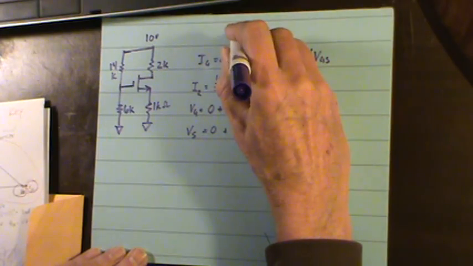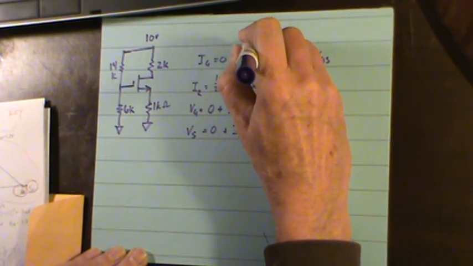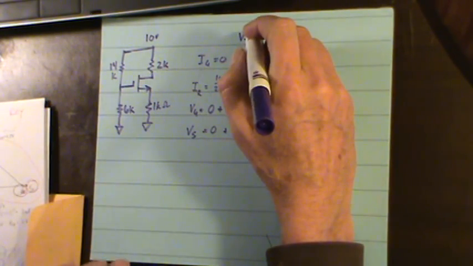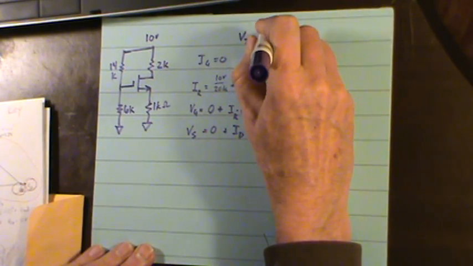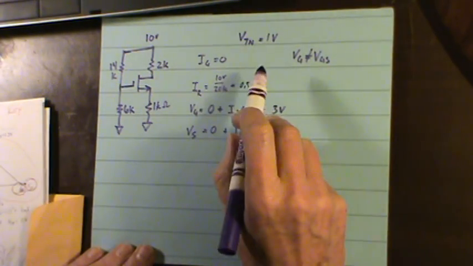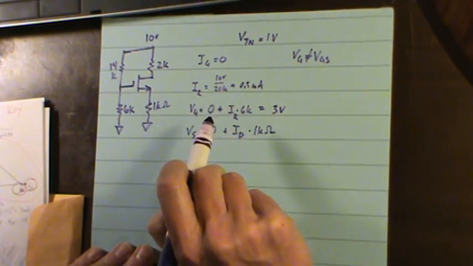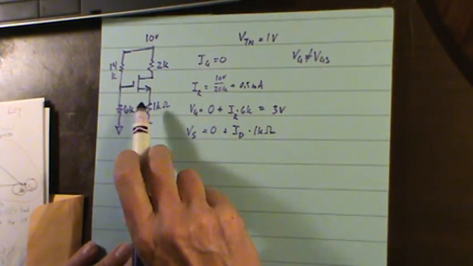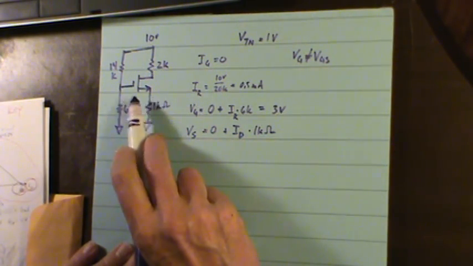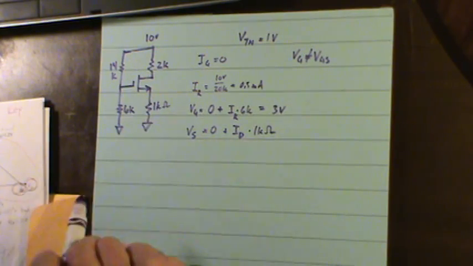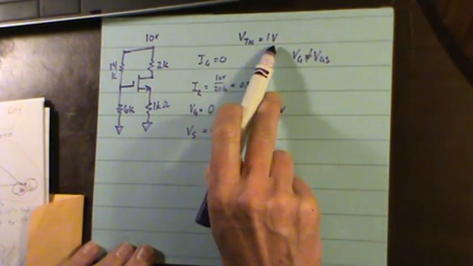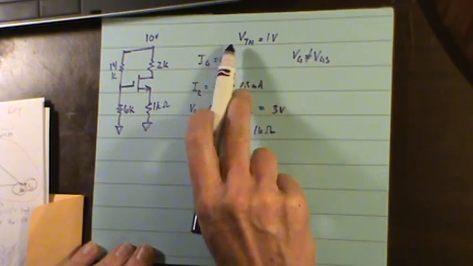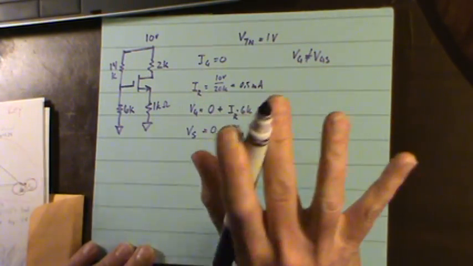Since VTN, the threshold voltage for this problem, is 1 volt, and I've got 3 volts here, if it were off I'd have 3 volts from gate to source.